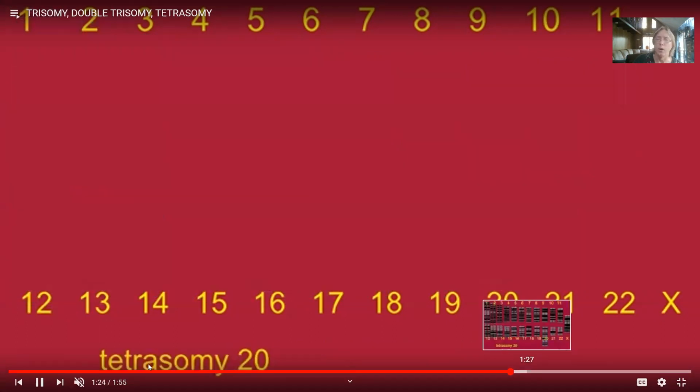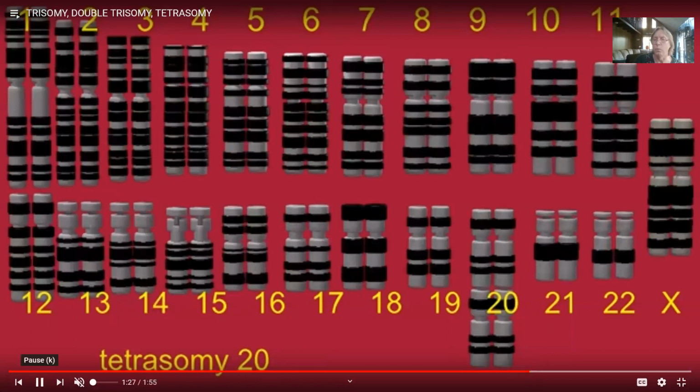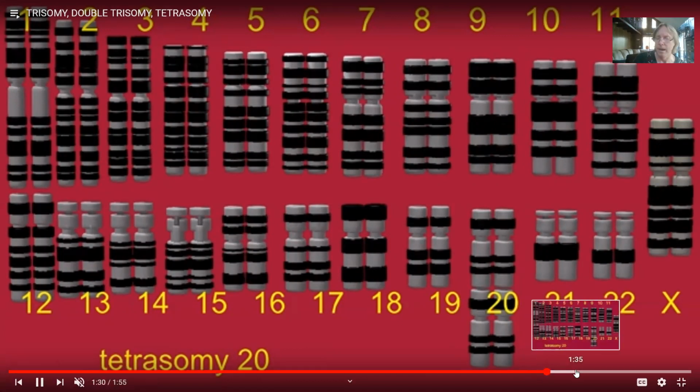If there are 4 copies of one chromosome, so in a double trisomy, there are 2 extra chromosomes. Here there are 2 extra chromosomes, but they are both of the same type of a chromosome. So there are the usual chromosome 20s, but then there are 2 extra chromosome 20s. That is what is known as a tetrasomy. And once again, this could affect any chromosome.